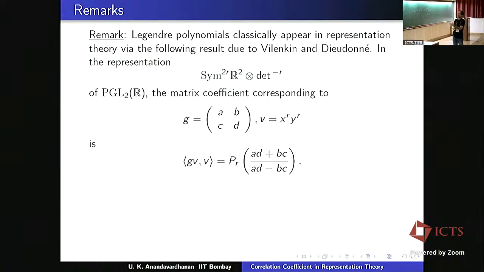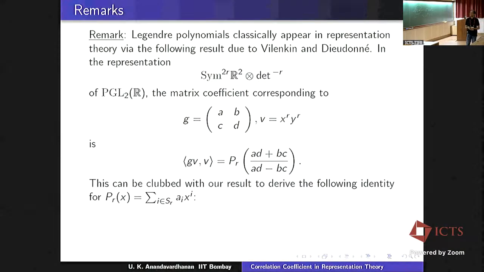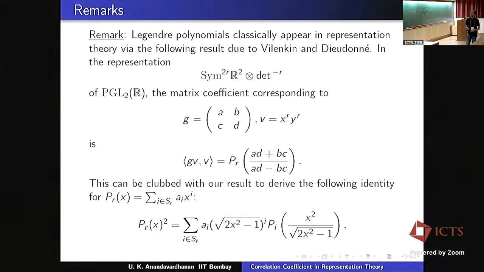What we see in this talk is another way in which the Legendre polynomial has come. So it was natural to ask, what if you club these two together? Just out of curiosity, I tried this, using this knowledge plus our result, and putting together you get an identity which relates the square of the Legendre polynomial, which is exactly the correlation coefficient, with a transformation of the Legendre polynomials.